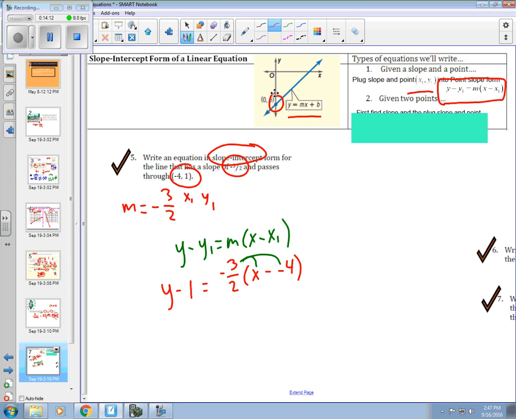Now, even before we do that, it probably would be good if we change this to a plus, because we're minus the negative. So -3/2 times x, -3/2 x, -3/2 times 4. That one's a little bit tougher. If you need to use a calculator, do it. If we do -3/2 times 4, 4 is a whole number.